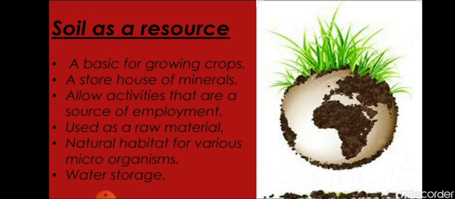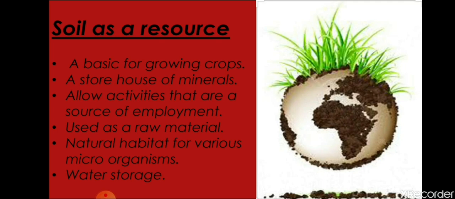Now, water storage also. Soil has the capacity to percolate water into it. So whenever it rains, the water percolates through soil and accumulates above bedrock to form the water table. We all know what the water table is, the underground water.